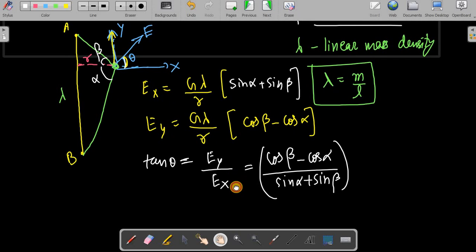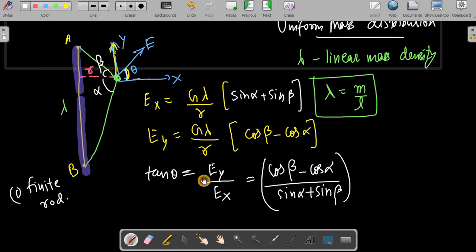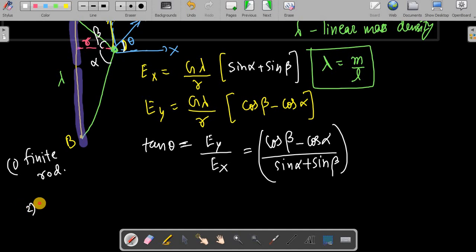Right. Now what is lambda? Lambda is mass per unit length. What is r? r is the perpendicular distance of the point from the rod. Here we have considered a finite rod. What will happen if the rod is infinite or very long?